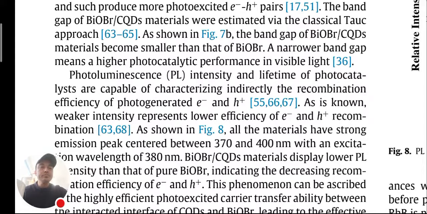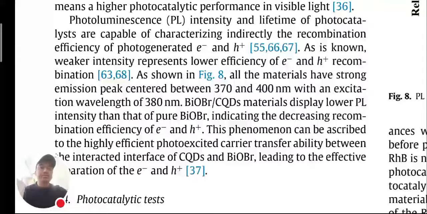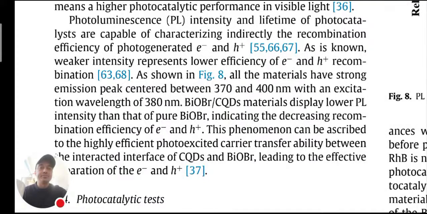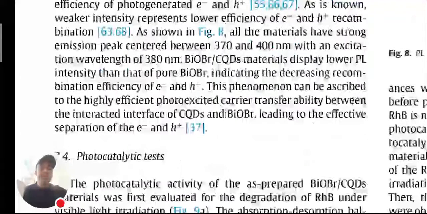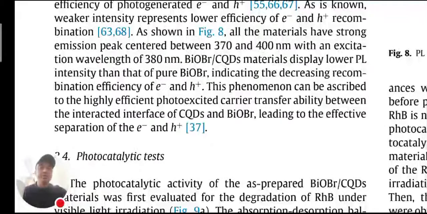As shown in the figure, the materials have strong emission peaks concentrated between 370 and 400 nanometers. At the excitation wavelength of 380 nanometers, the BiOBr carbon quantum dot material displays lower photoluminescence intensity than the pure BiOBr, indicating a decrease in the recombination efficiency of electron and hole pairs. This phenomenon can be ascribed to the high charge transferability between the interfaces of carbon quantum dots and BiOBr, leading to effective suppression of electron-hole pair recombination.